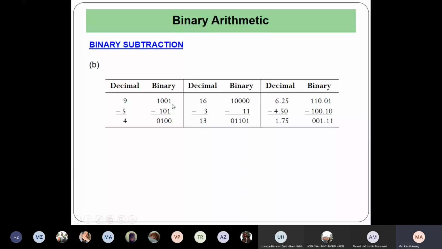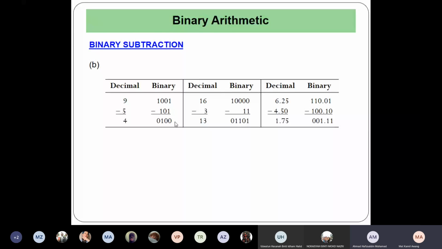Now you subtract: 1 subtract 1 is 0. 0 subtract 0 is 0. 0 subtract 1 cannot, so you have to borrow. You borrow 1 from here, so it is 10. 10 subtract 1 is 1. And this is 0, so subtract 0 is 0. So the answer is 0100. Clear?